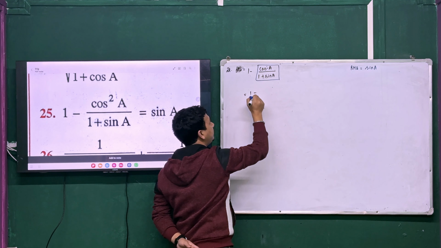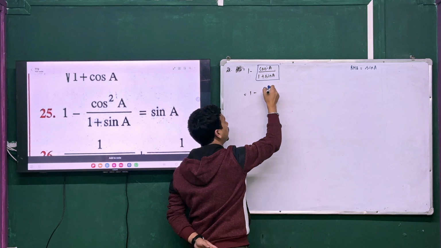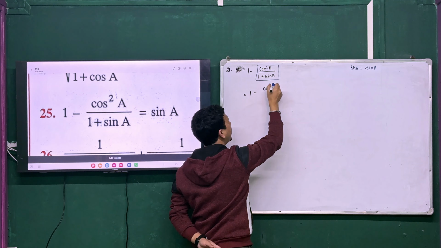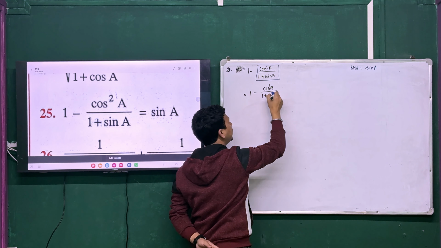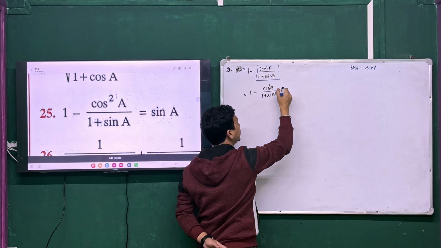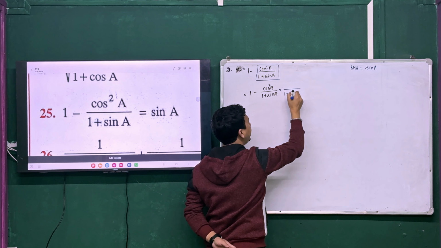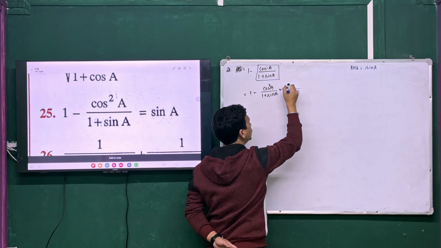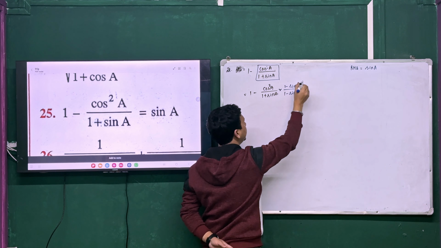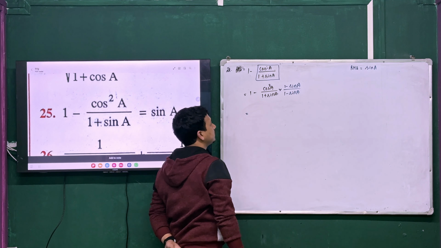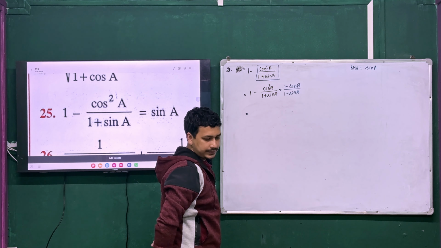See, we have 1 minus this will be what? Cos square A divided by 1 plus sine A. Now this, if you rationalize, you have to multiply with 1 minus sine A into 1 minus sine A. So try doing this.